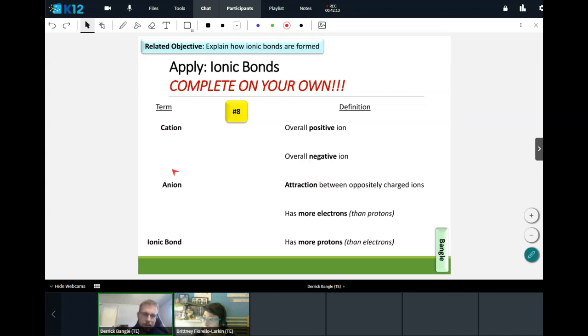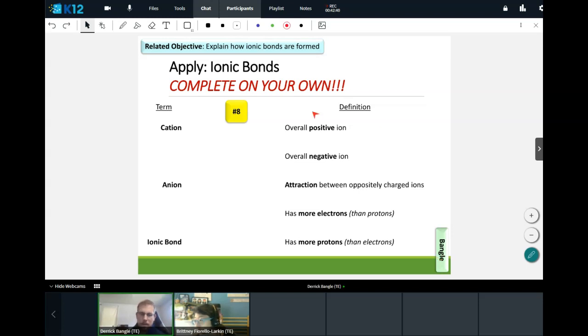All right, so we have three terms: cation, anion, and ionic bond. And with the definitions, we have something being an overall positive ion, something being an overall negative ion, something attracting between oppositely charged ions, and two other things having more electrons than protons, and one having more protons than electrons.